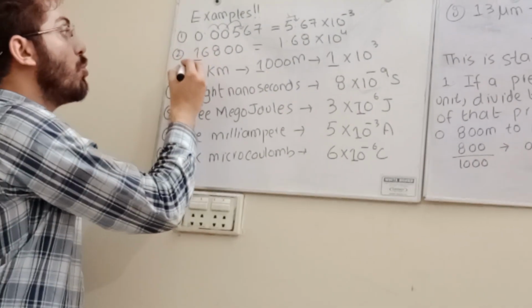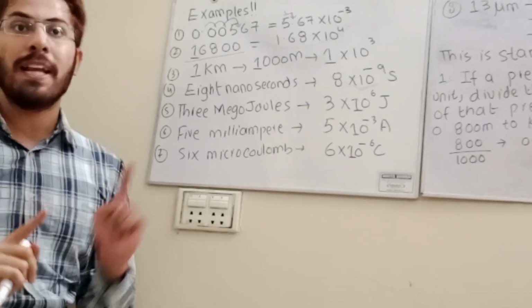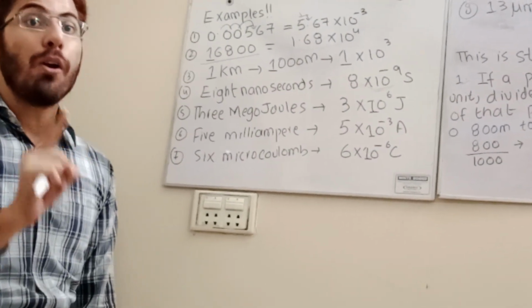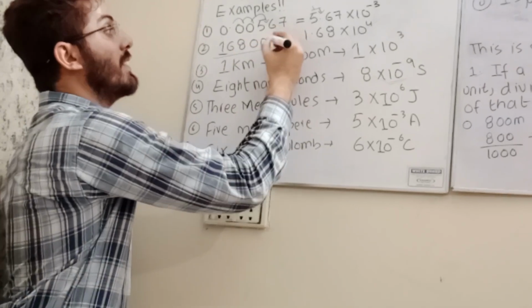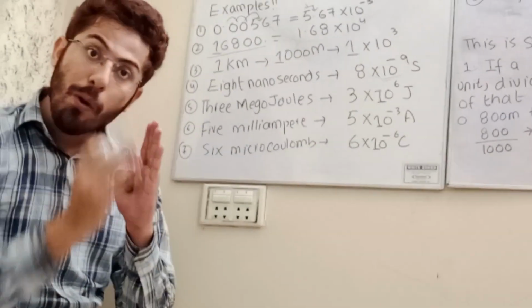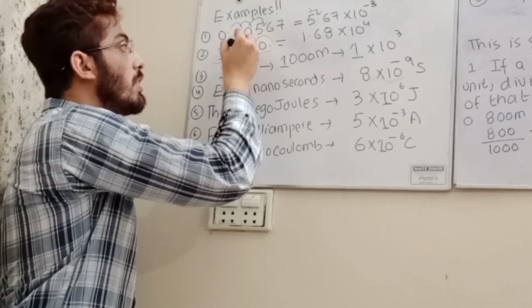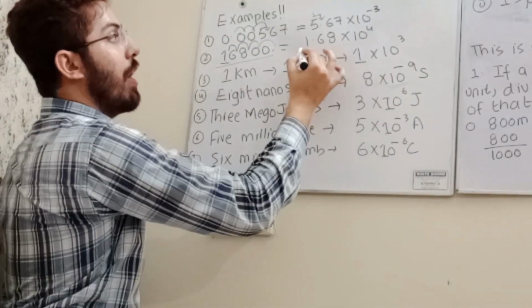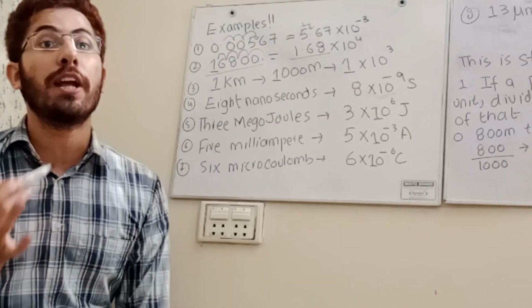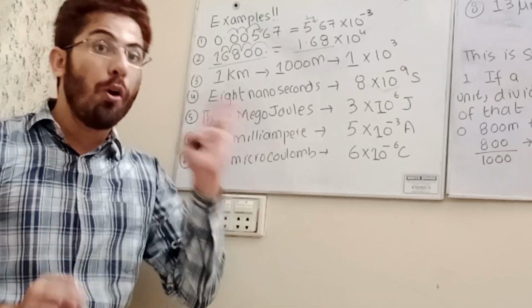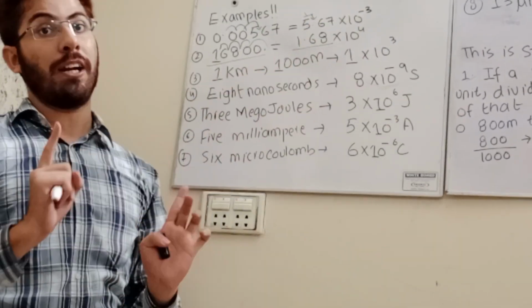Now, if you don't see any decimal in question number 2, always remember, students, that the decimal point always lies at the end. Now it should be moved backward: 1, 2, 3, and 4, giving 1.68 exponential positive 4. You are moving left to right or right to left depending on the condition.